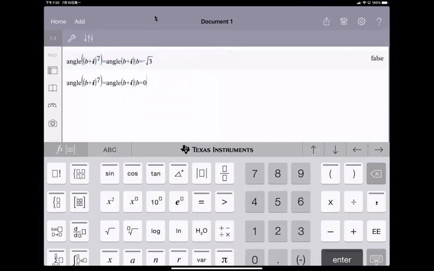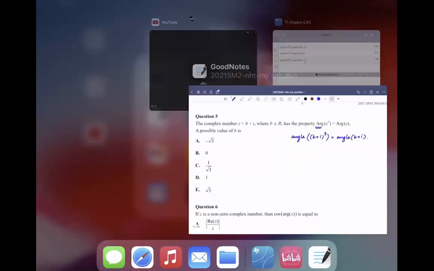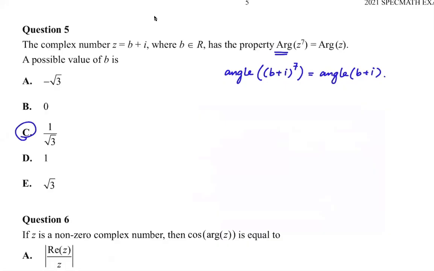If b is 0, it's still not true. So I'm going to the third option, which is C. B equals 1 over root 3. Yep, that's true. So option C is correct.